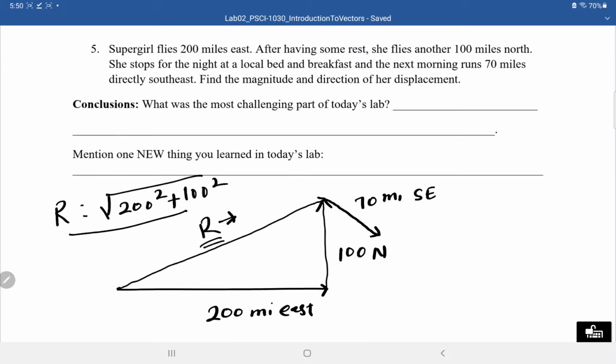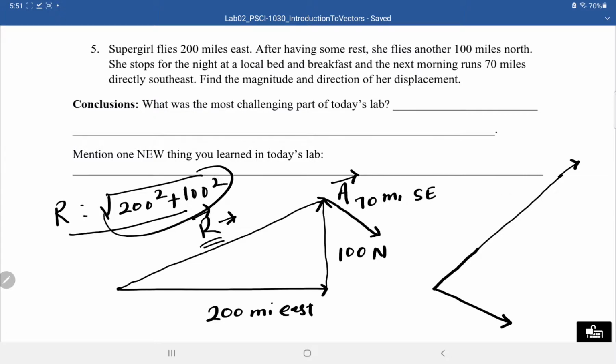After getting this, as you did before, there are two vectors: this r, and suppose this one is vector a. These are two vectors. You can complete the parallelogram on a separate paper. You can put the biggest line; remember, the length of the line should be the same. Then the other line is 70, which is what you get from here.